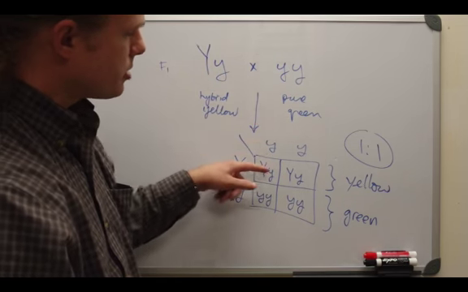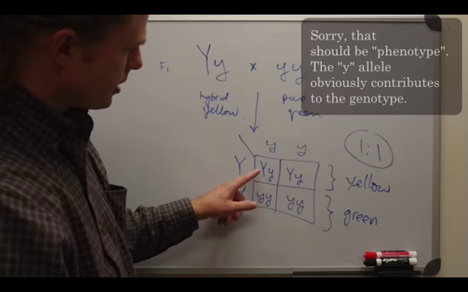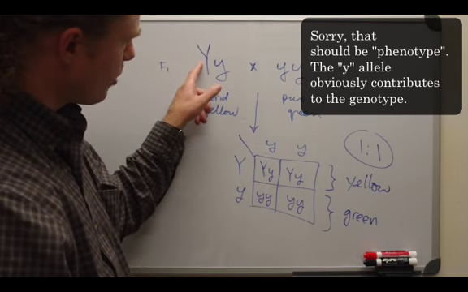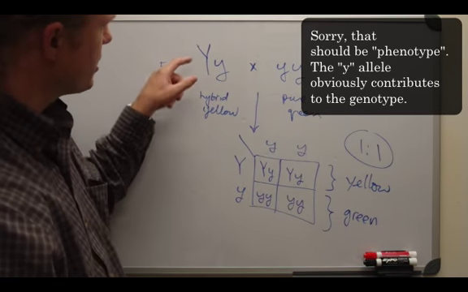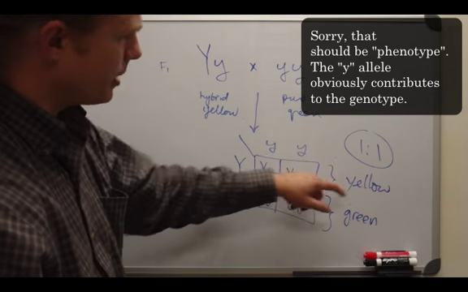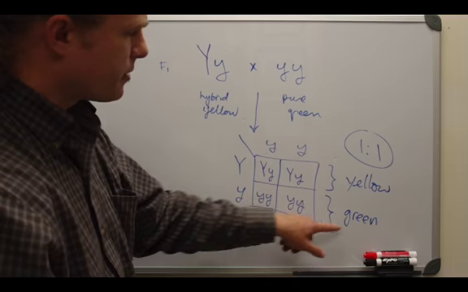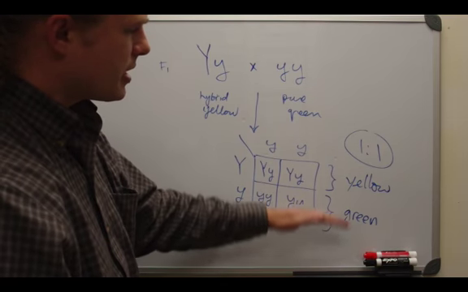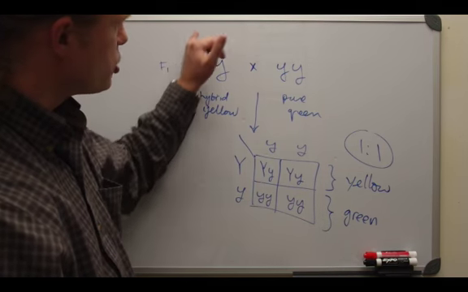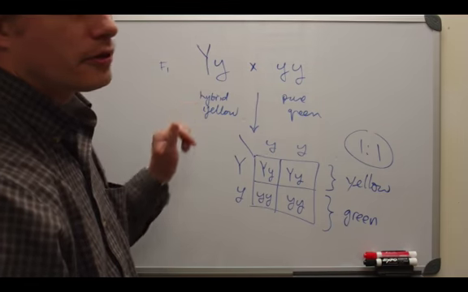The little y allele does not contribute to the phenotype. It's strictly determined by what allele comes from the hybrid. If we get the big Y, then it will be yellow. If we get the little y from the hybrid, then pairing up with the little y will give us green. So it gives us a nice way to test and see what genotype an unknown individual might have.